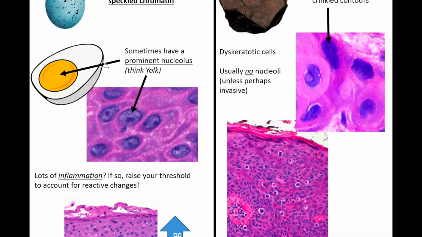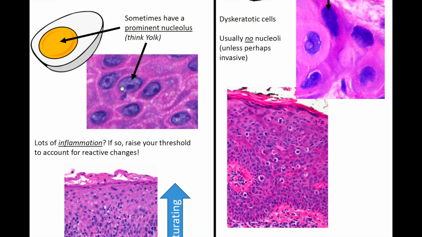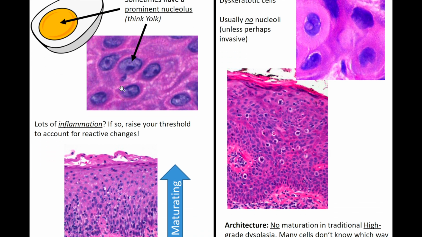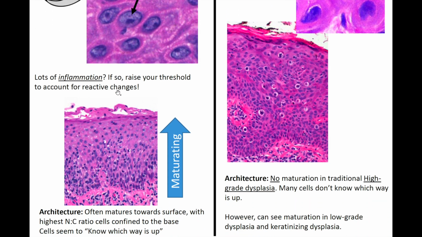Sometimes they have a prominent nucleolus in benign or reactive cells, and you could think of that as the yolk in the egg. And is there lots of inflammation? If so, raise your threshold to account for reactive changes. For example, in the cervix, commonly on SurgPath, you could see some cells and think, are these dysplastic?